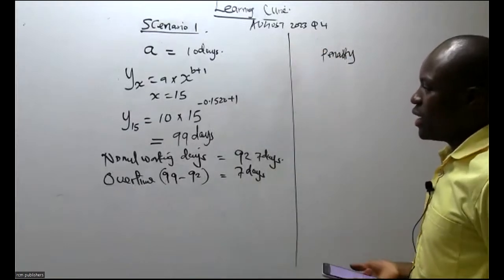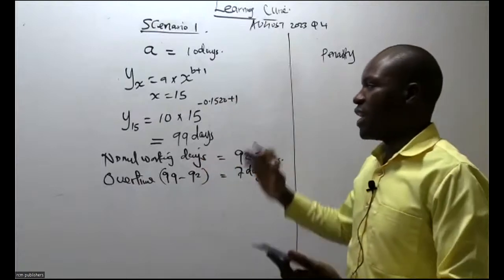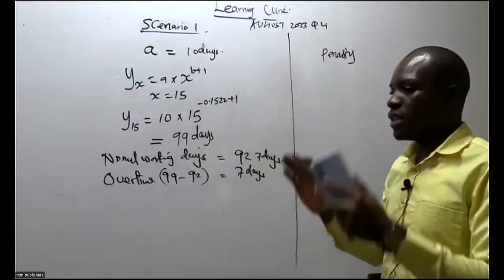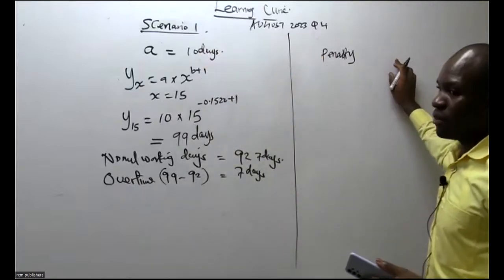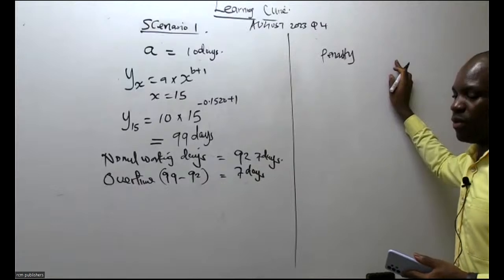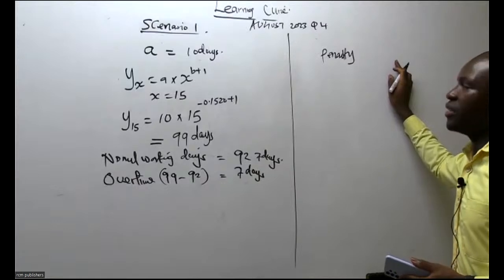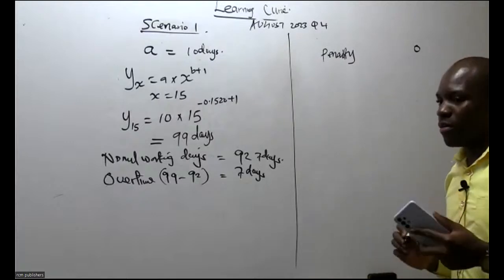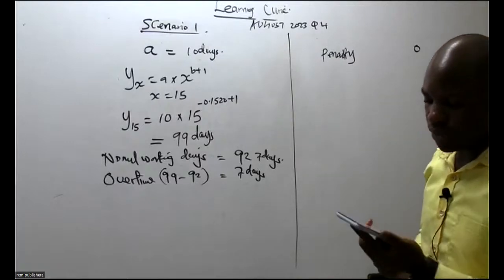Their normal working days is 92, but they have decided to work overtime to deliver 15 buses within the stipulated period. So how much will be the penalty? 0. Thank you. They have decided to deliver all the buses within the allowed period.